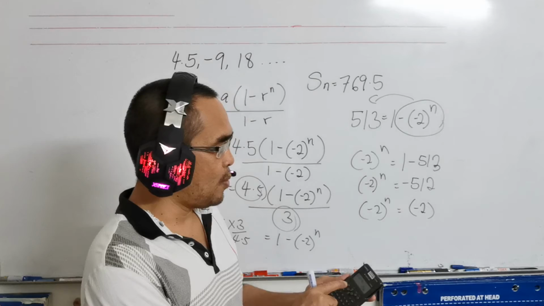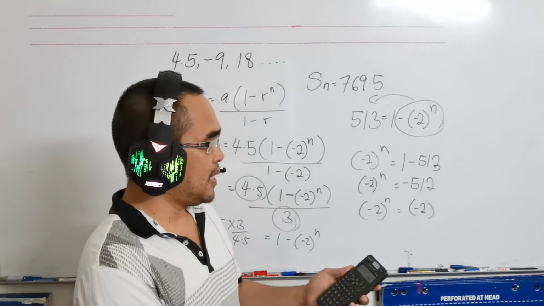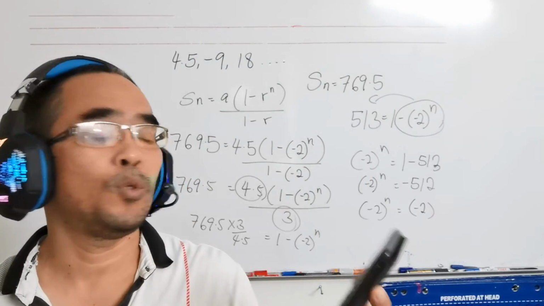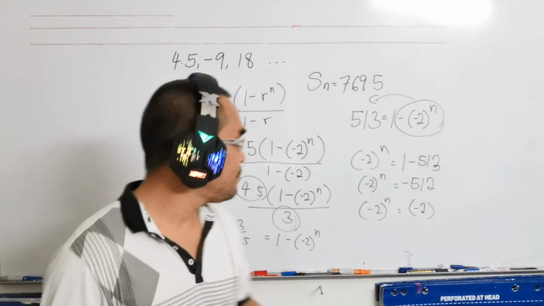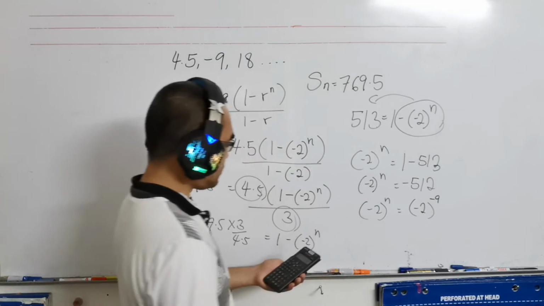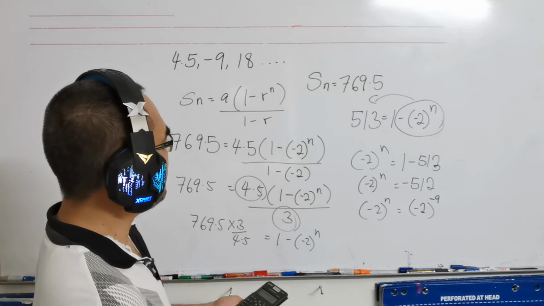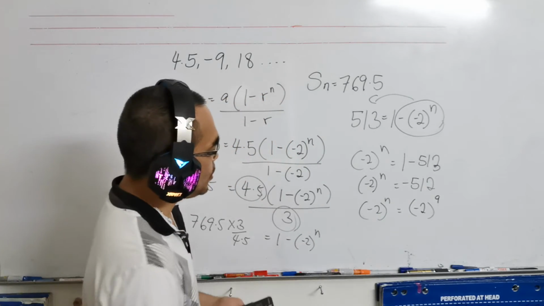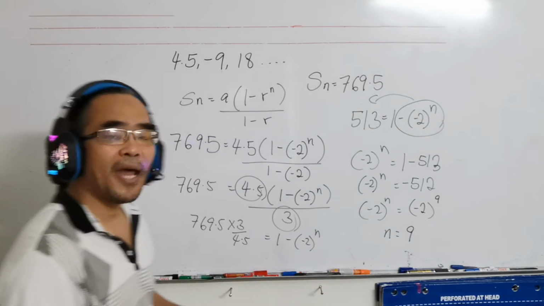If you change to the power of 9, then it becomes negative. Sorry, the power of 8 was positive, now it is negative. So the value of n will be 9. So there are 9 terms.